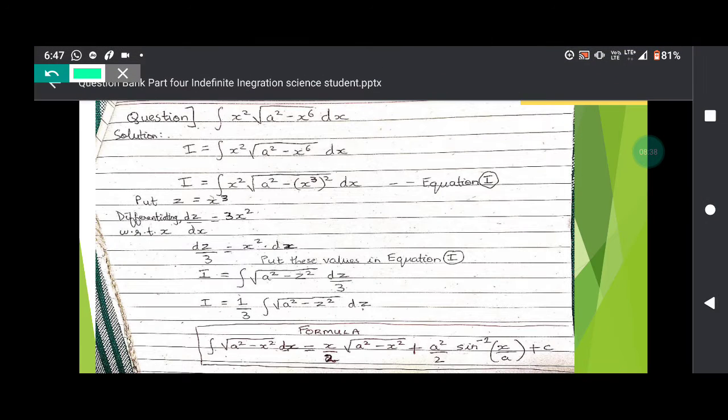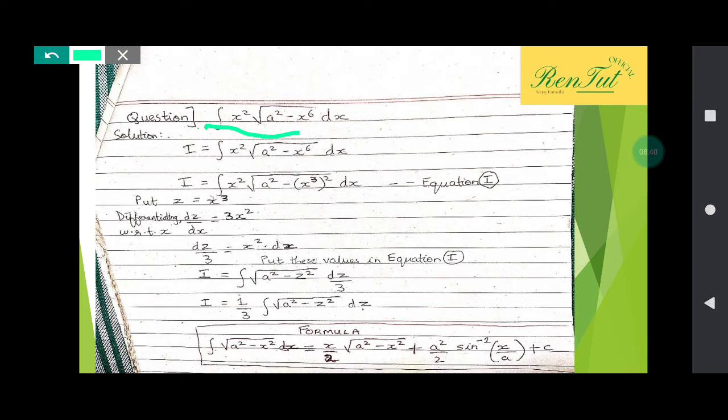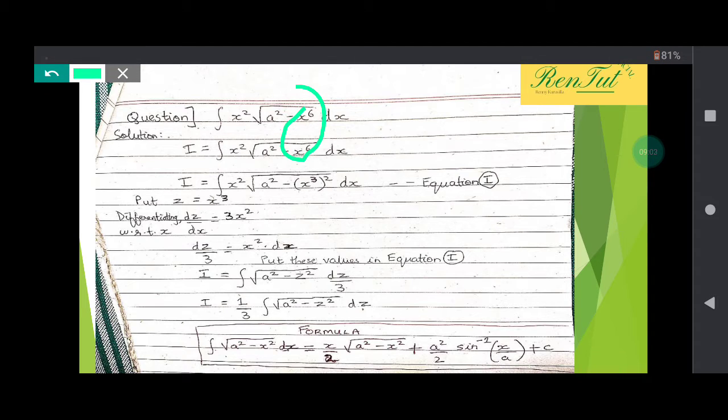Seeing our question, we have to write this in integration form. So we have written I is equal to integration of x square under root of a square minus x raised to 6 dx. Now what we need to do is split up this x raised to 6.